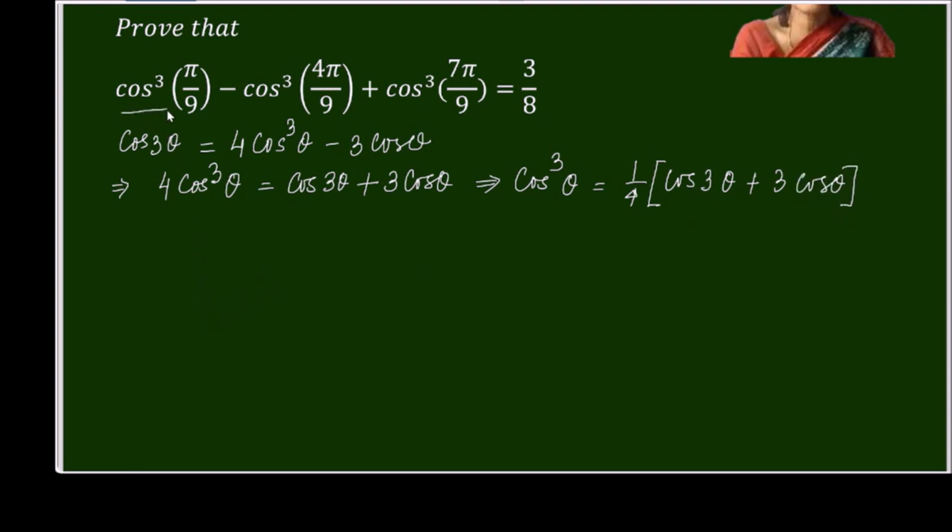So we can individually put for cos³(π/9), cos³(4π/9) and cos³(7π/9). But for cos 7π/9, I am making an acute angle. Cos 7π/9 can be written as cos(π − 2π/9). So cos(π − theta), we know that it is negative of cos theta. So it will be negative cos 2π/9.